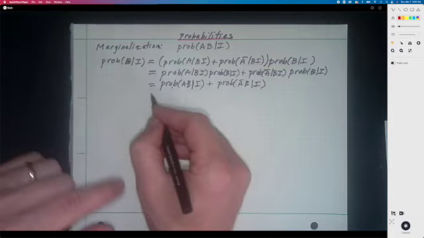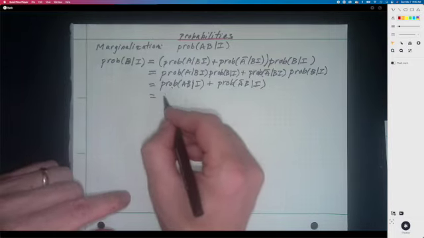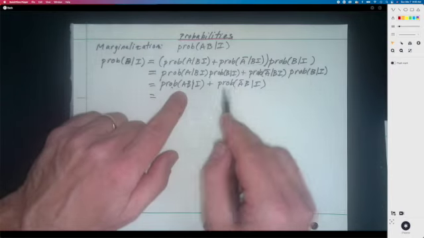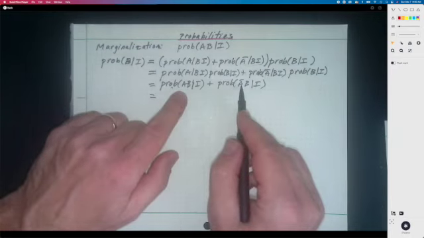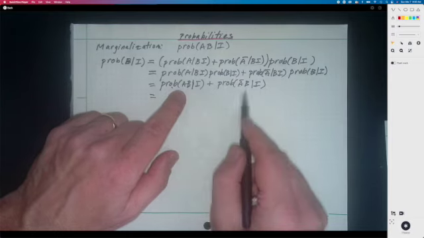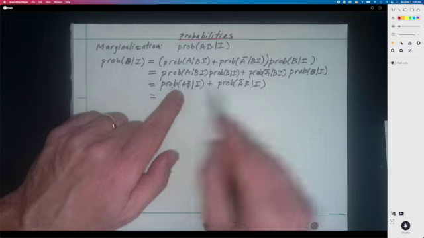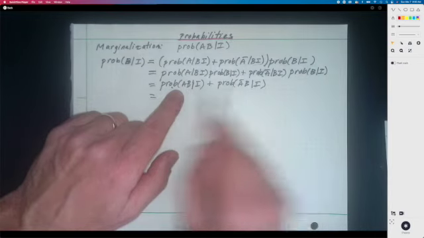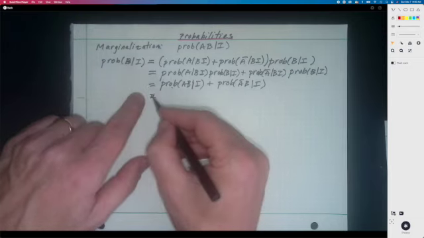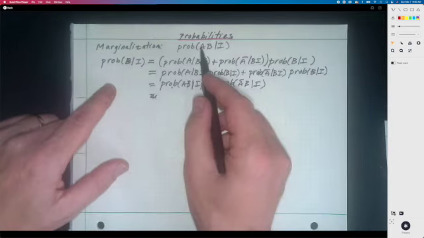And so this is the same thing as the sum of both cases, A or not A. We start off with the joint probability, and by summing all the exhaustive cases for A, we end up with the probability for B alone. And this can be generalized where A can be broken up into a whole bunch of different propositions.